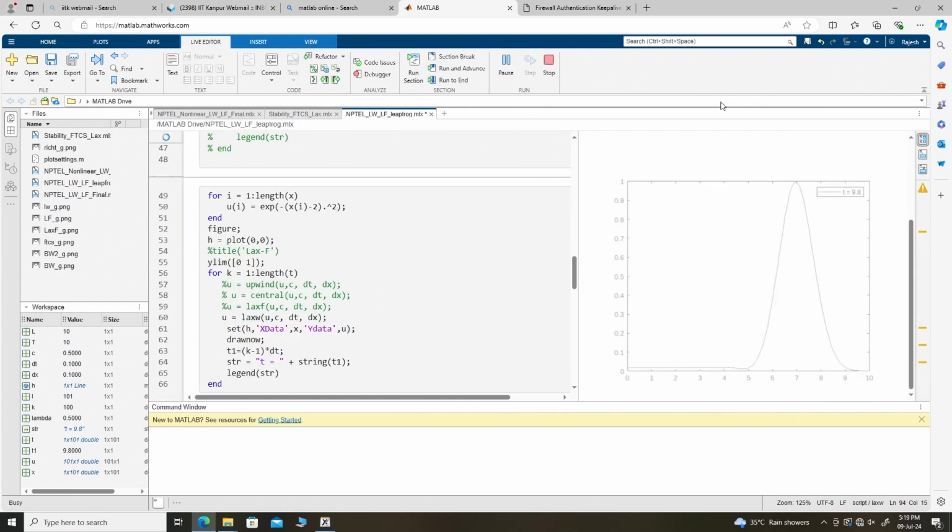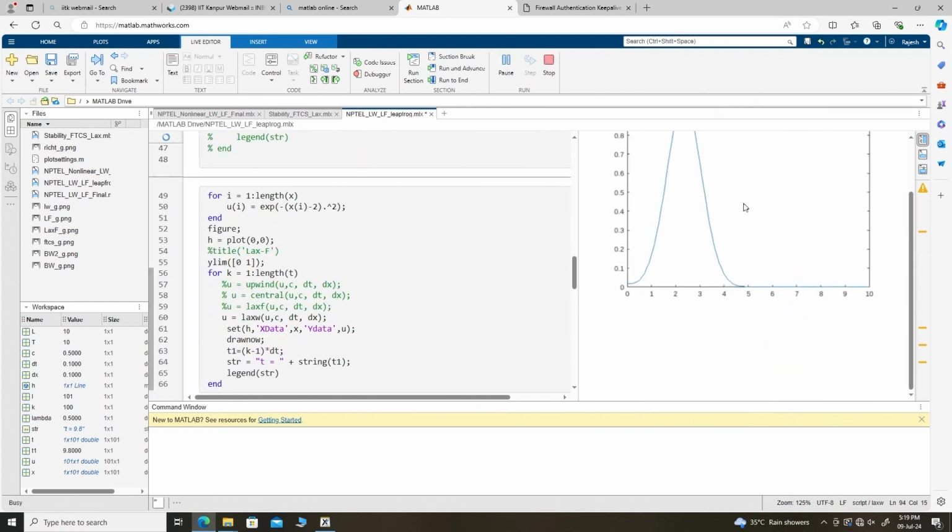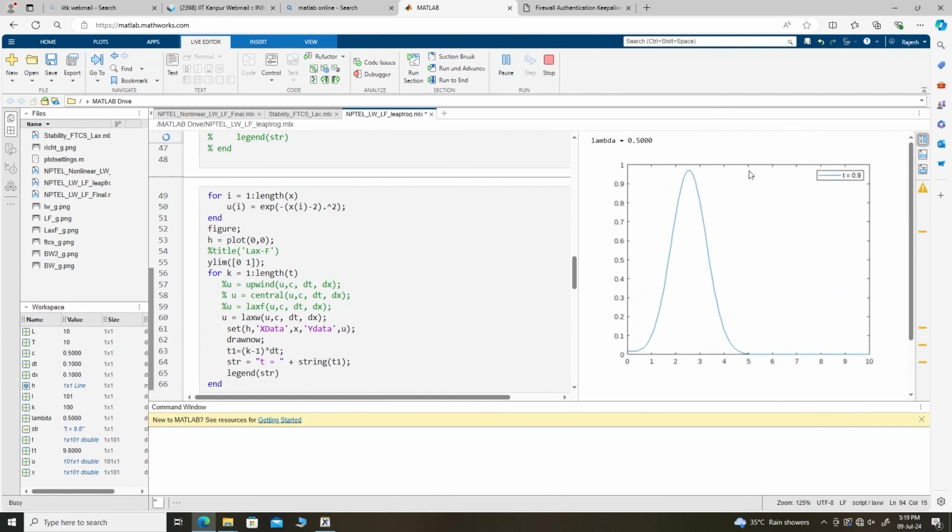Now you can see, because we have added the higher dissipation, I am still using the Lax-Wendroff scheme, but because the added dissipation is higher, it is basically going on the right hand side and the dissipation is happening. It is convecting with the speed c, which is 0.5, and depending on the delta t, it is covering that distance in every delta t, but there is a lot of dissipation happening here.